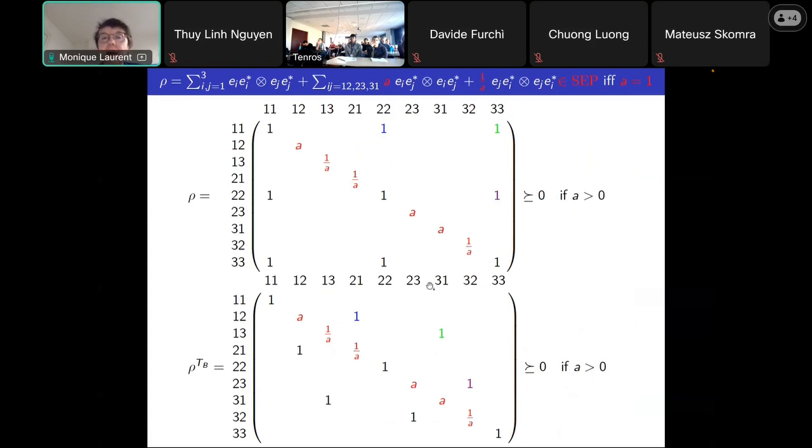On the other hand, it is known that the rho is separable only when A is equal to 1. So this example shows indeed that the PPT condition is not sufficient for separability in the case dA plus dB equal to 6 already.